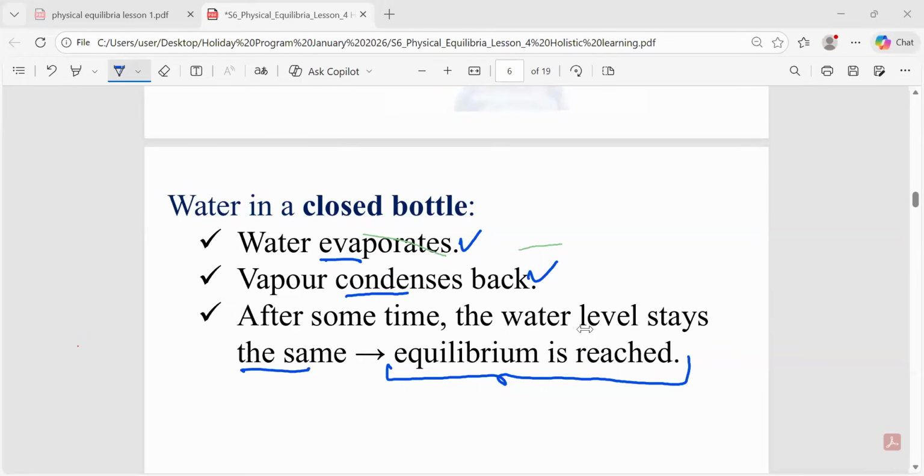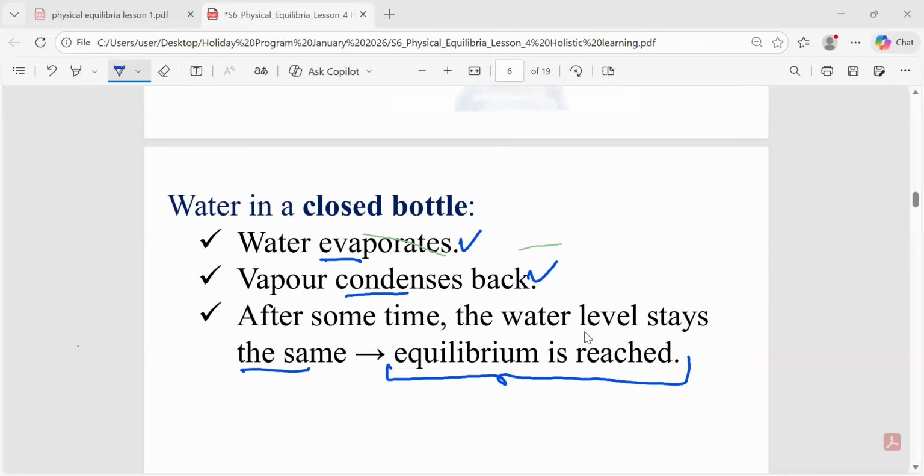Yes, good afternoon, sir. The question she asked is whether the outside temperature has an effect on the bottle. Actually, yes, it has. Now, if you look at that bottle, it is made up of matter.